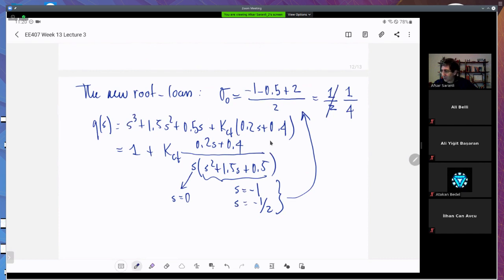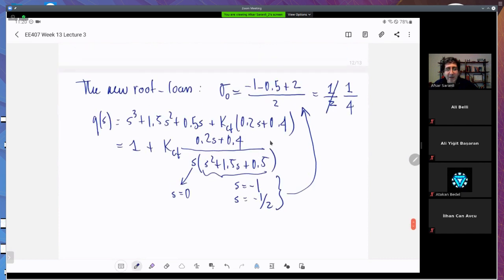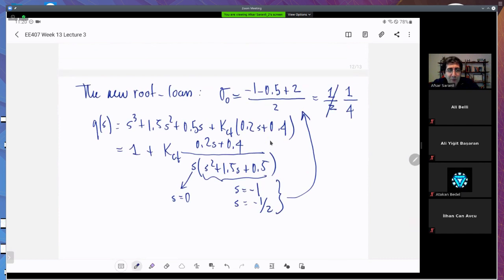Okay. So, are you guys clear about how I moved to obtain the open loop transfer function? Basically, in order to get rid of this extra constant, I remember the method of sketching the root locus with respect to any parameter in the closed loop characteristic equation.